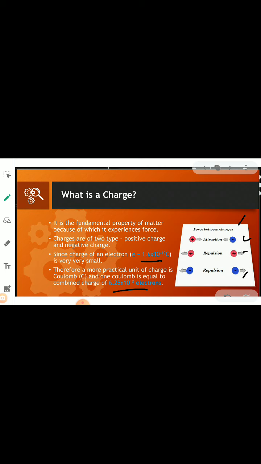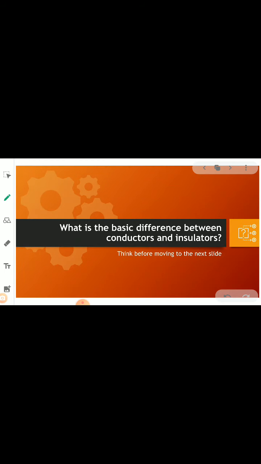Yes, now you have understood about charge. So let us move on to the next topic. What is the basic difference between conductors and insulators?